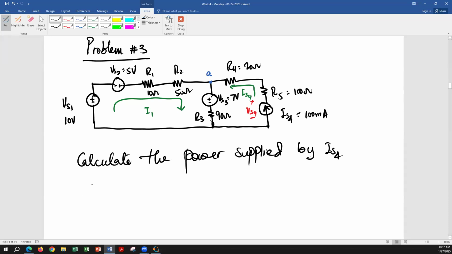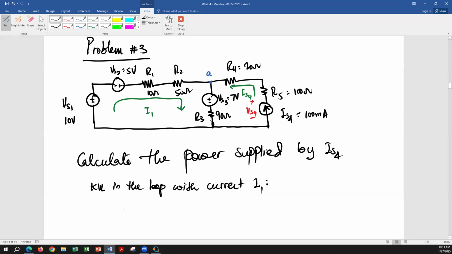So KVL in the loop with current I1. All right, what will be the KVL equation if I apply KVL in this loop?